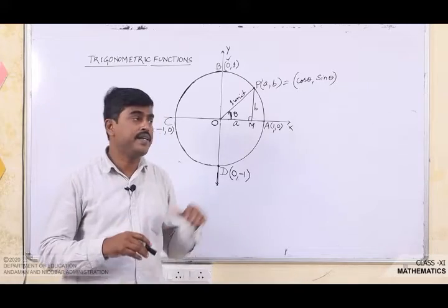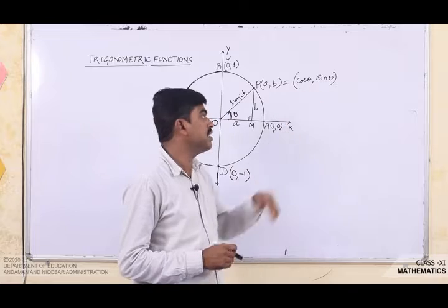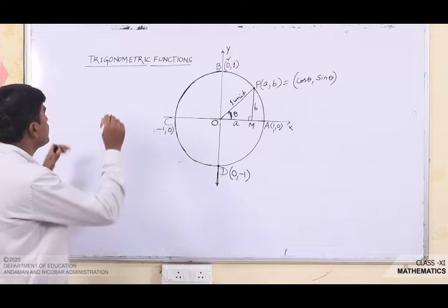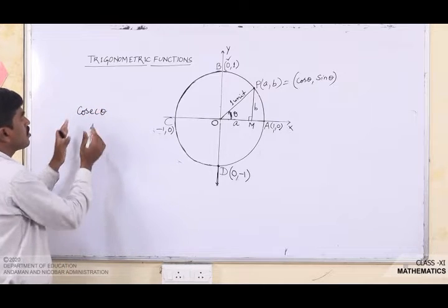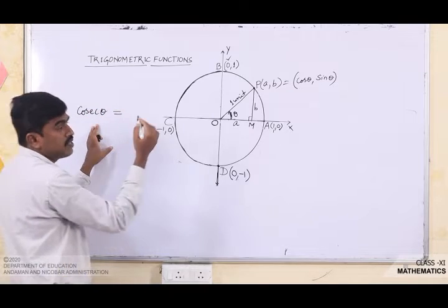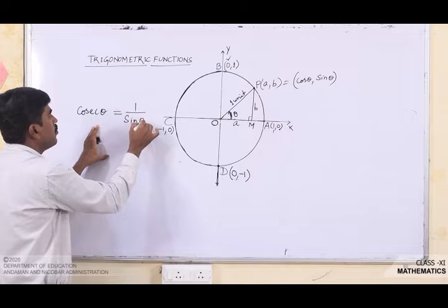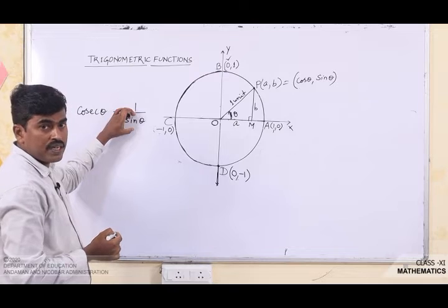Now we define other trigonometric functions by using the cosine function and sine function that you already studied in class 10th, trigonometric ratios. That is cosec theta. Cosec of the angle theta is the reciprocal of sin theta, so it is equal to 1 by sin theta. But here sin theta is in the denominator.